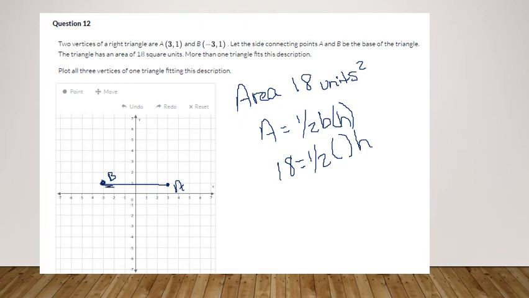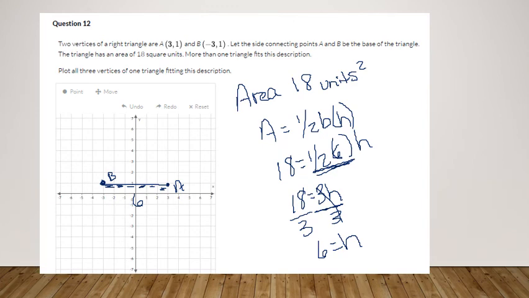It's 1, 2, 3, 4, 5, 6 units. Okay, so all I need to do now is multiply here. 1/2 times 6 is 3. And now we've got to get the 3 away from the H. Because it's multiplied, we're going to do the opposite and divide. So the height is 18 divided by 3, or 6.